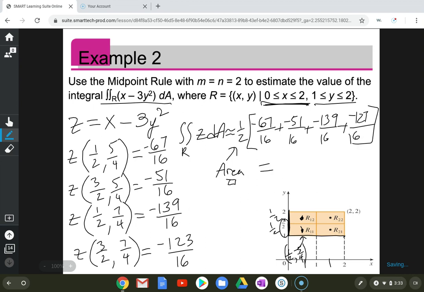And then if we put all of that together in our calculator, sorry, I'm going to make you wait for this one because I didn't put it in, plus that, plus that, plus that. I end up with a final answer of -95/8. And that would be my approximation for whatever the value is of this integral.